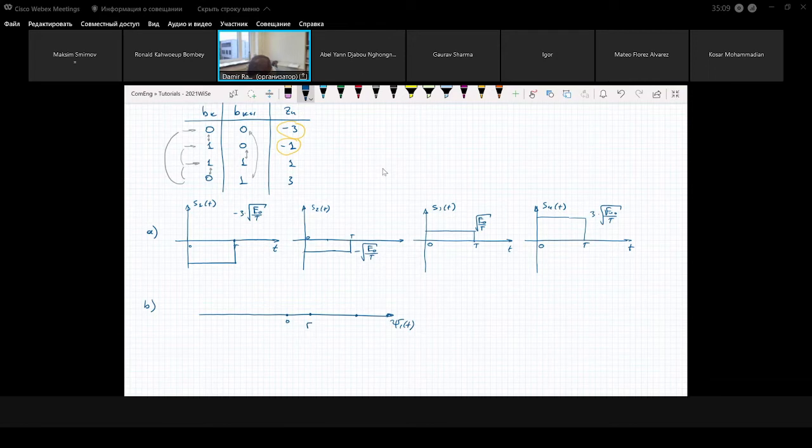Like this: square root of E0, 3 square root of E0, then minus square root of E0, and minus 3 square root of E0. Now, this is our signal space diagram.